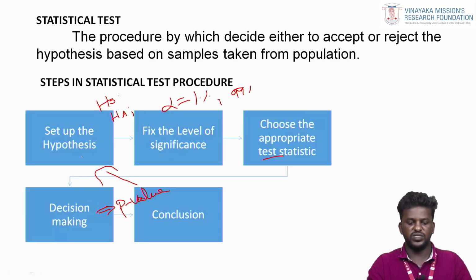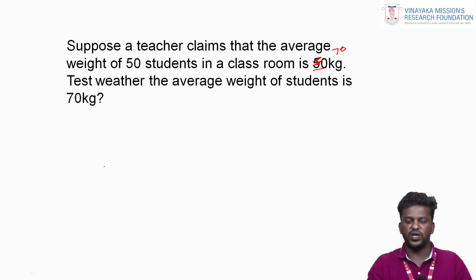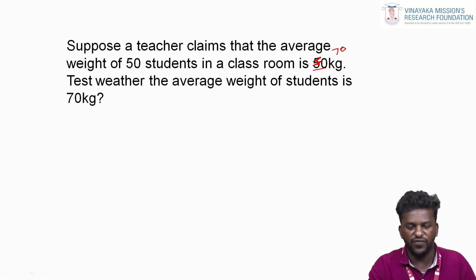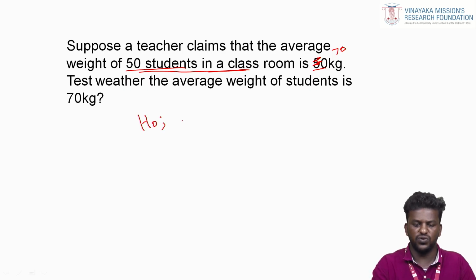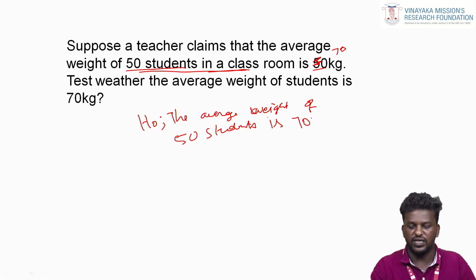So the first step is to set up the hypothesis. The 50 students in a class are our population, and this is an average. First frame the null hypothesis, H0. It may be in a sentence or in notation. The average weight of 50 students is 70 kg.